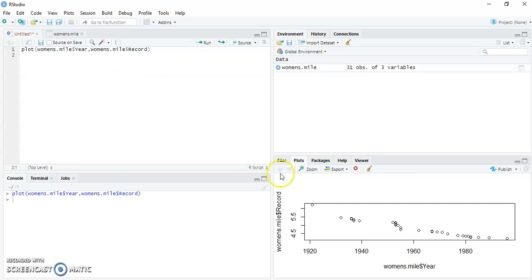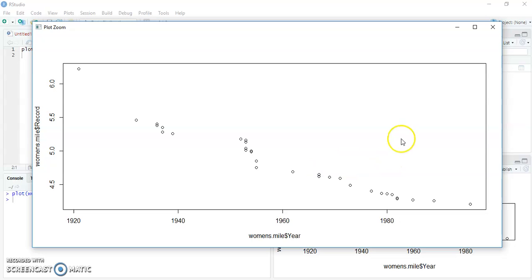And I'm taking a look at this. It doesn't look like a perfect linear relationship, but it certainly looks like over time this is going down in a fairly linear fashion. So I'm looking at that saying, okay, what can I do to find the model that fits that data?